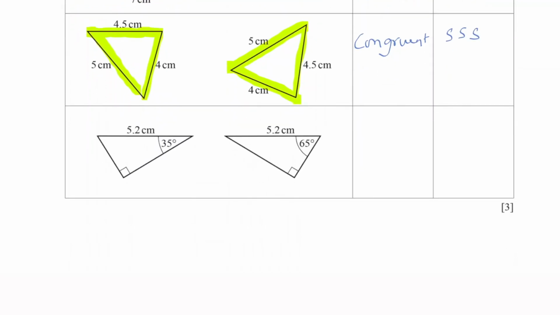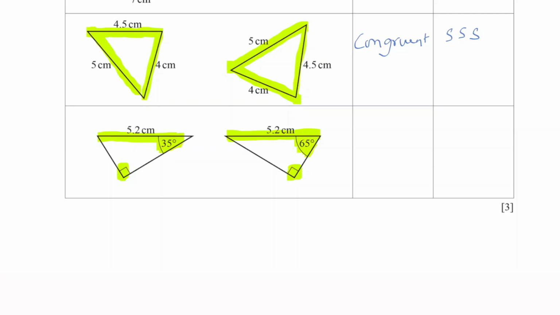In this, we can see this 5.2 is over here, 90 degrees is also there, so RHS we can also think about, but the angle is not right, right? No, RHS we cannot think of, because we need two sides over there. Hypotenuse is there, yes, but the angle is not the right one that is displayed here. This is 35 degrees, sorry, this is 35 but this angle is 65.